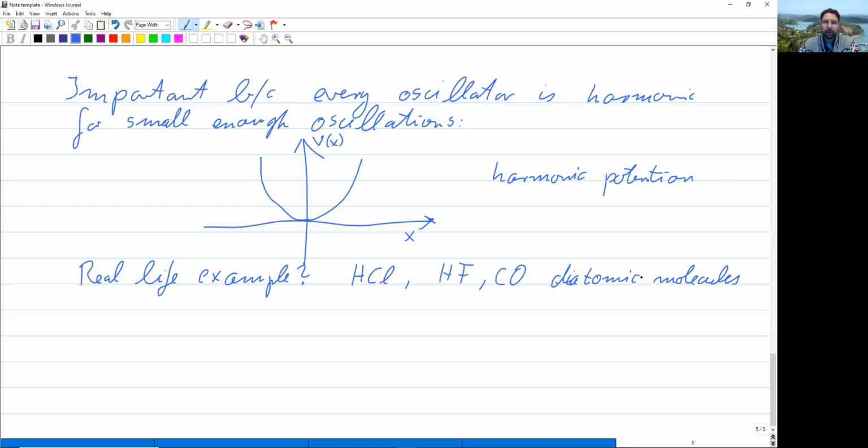How do they look like? Well, for carbon monoxide, for example, there's a carbon nucleus and there's an oxygen nucleus. Both of them are surrounded by their electronic clouds, and these electronic clouds interact with each other in such a way that the carbon and the oxygen nuclei are bound together, right? So you have a molecule.